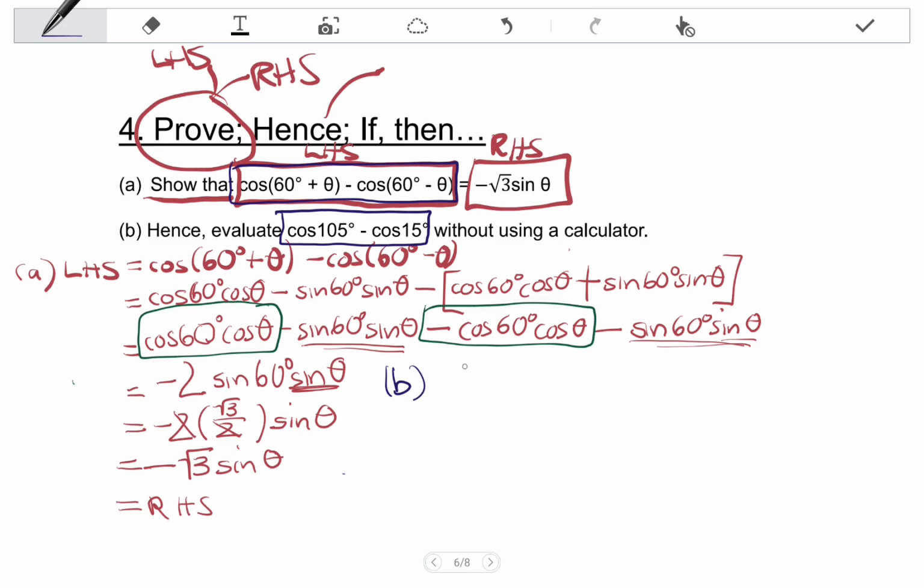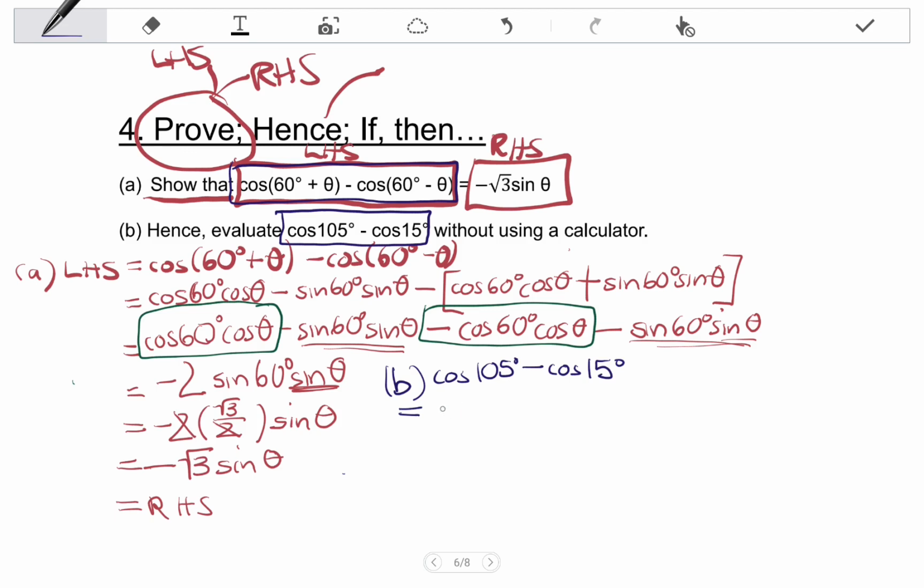Okay, so cos 105, I need to write as 60 degrees plus an angle. Cos 15 degrees, I need to write as 60 minus an angle. Now, 60 plus what gives me 105? 60 plus 45. So I've got cos of 105 degrees, just writing it out, cos 15 degrees.